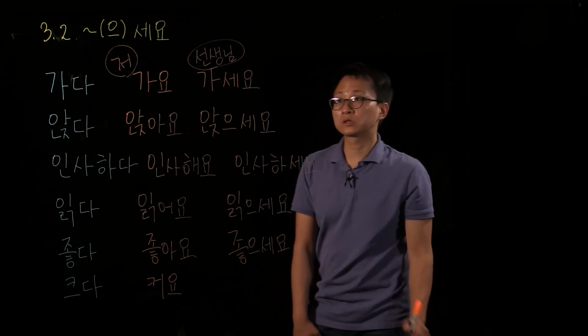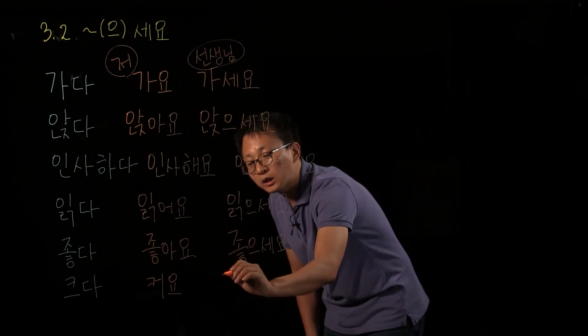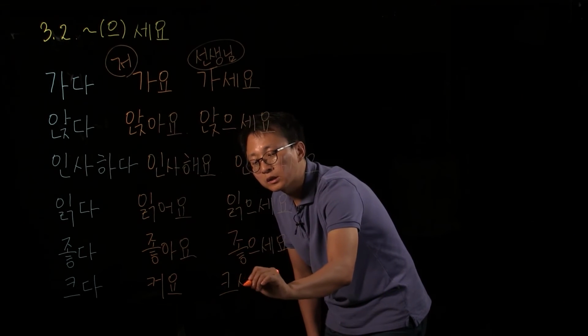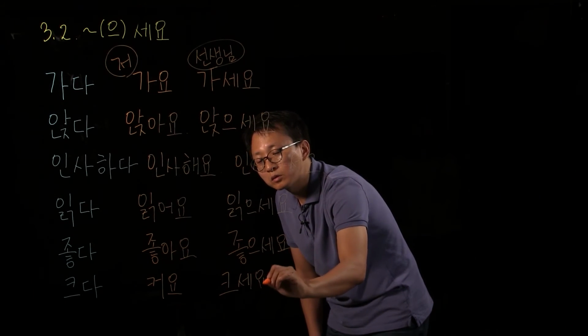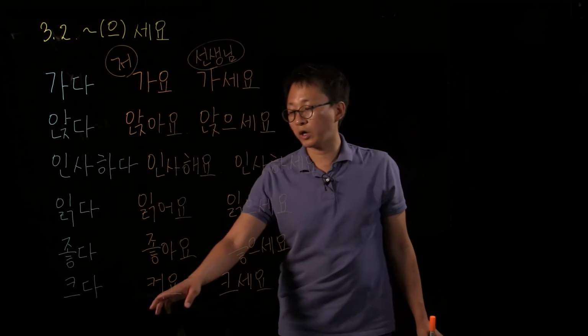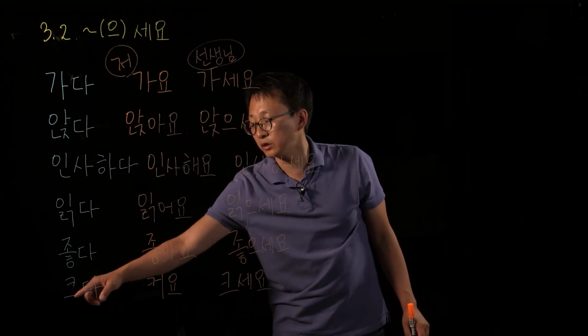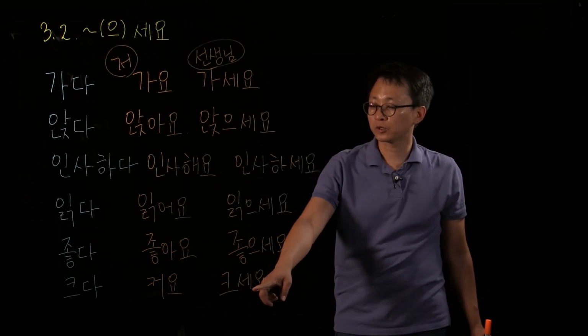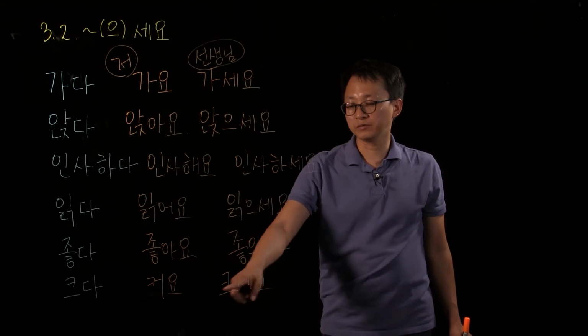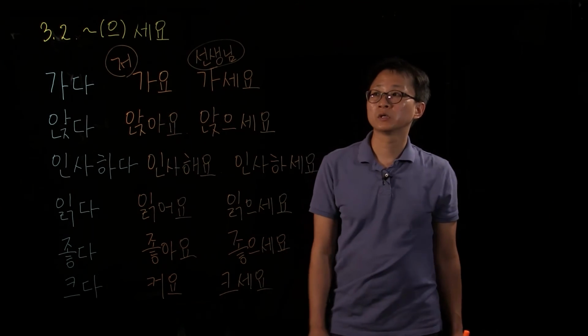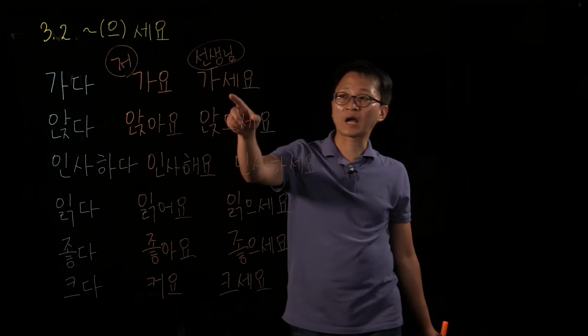My teacher is tall. 그러면 선생님은 키가 크세요. So in case of 어요 conjugation, we delete this sound here. But for 세요, you can just leave here. So 크세요.